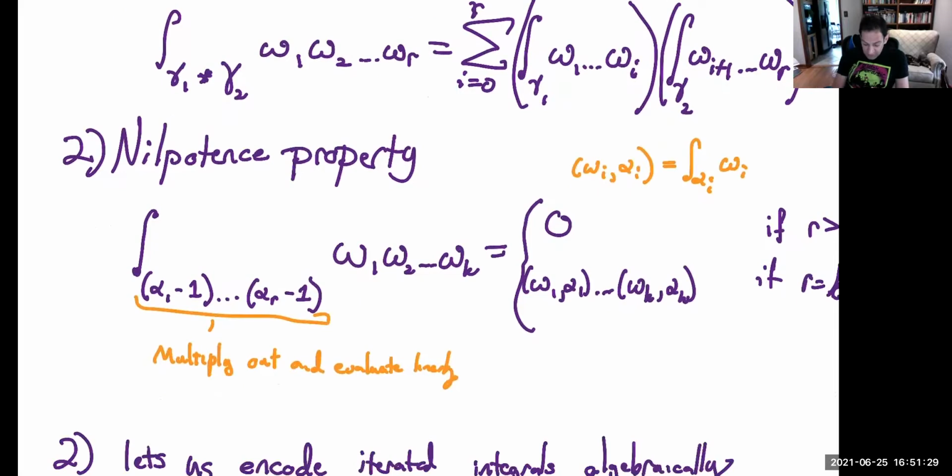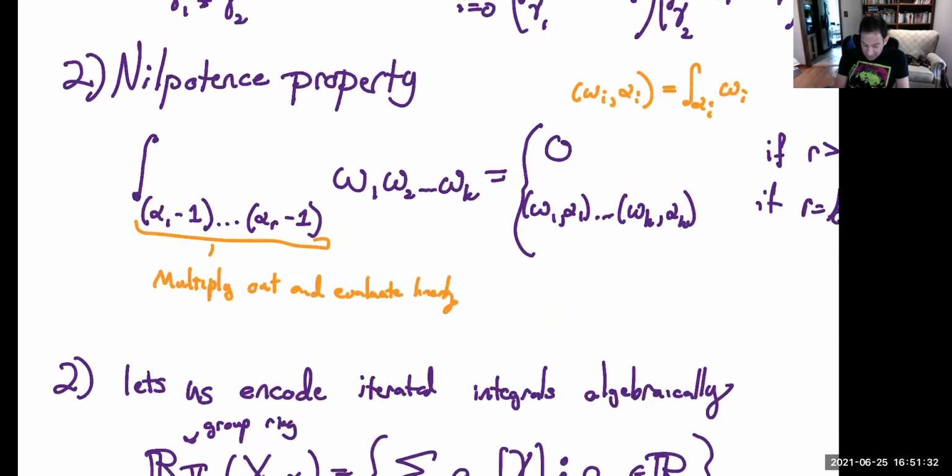And then there's a nilpotency property. So if I've got k one forms, and I've got r greater than or equal to k, this formula is only useful then. I integrate along the path alpha 1 minus 1 up to alpha r minus 1, which means I multiply, and I want these to be loops, and I multiply these out and evaluate linearly.